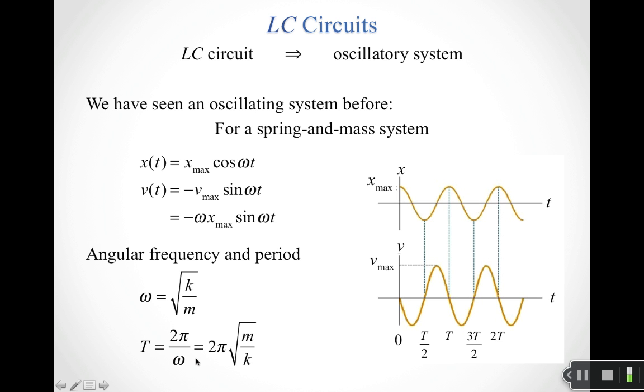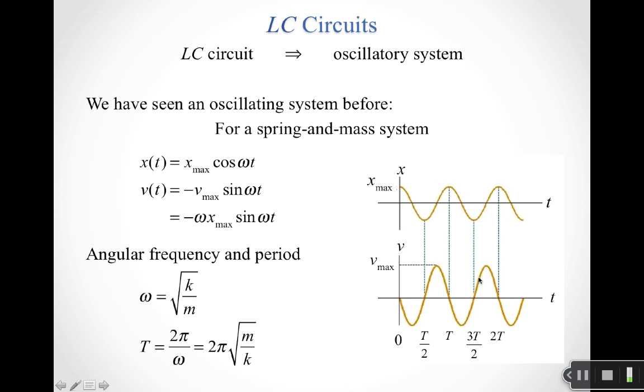And the period relates to the angular frequency by this equation: it's always equal to 2 pi over the angular frequency. So when I take 2 pi and divide it by this, my fraction flips over, and I've got 2 pi times the square root of m over k.